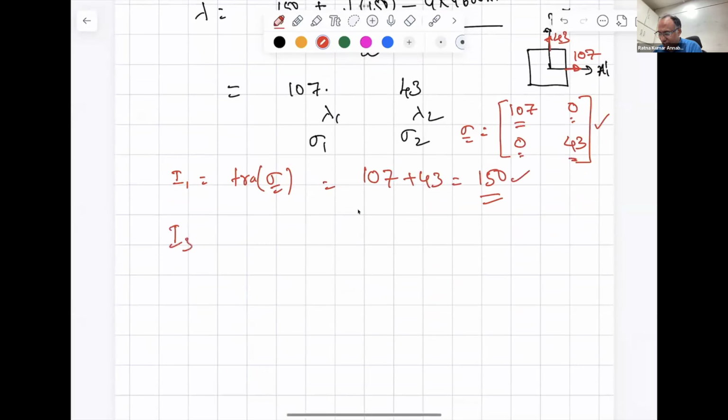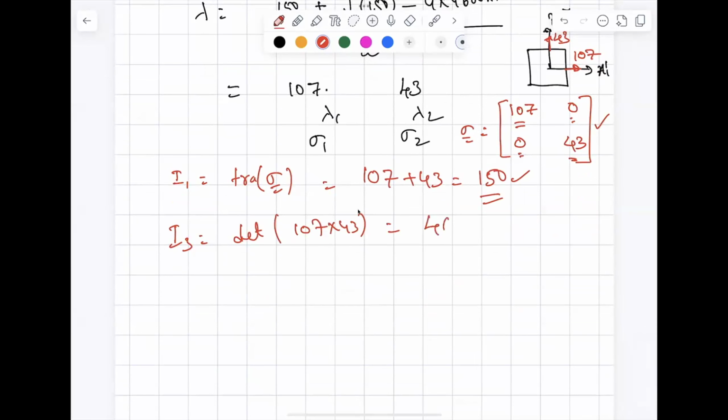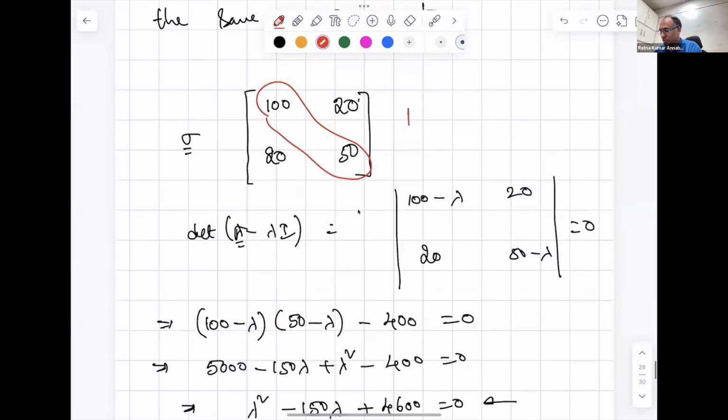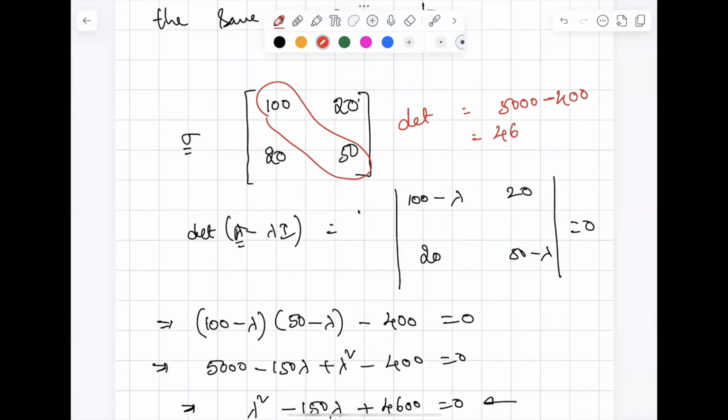Determinant I3, let us see. What is the determinant? 107 into 43. How much? 4601. And the previous one: 5000 minus 400, 4600.